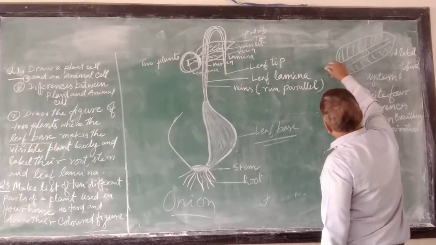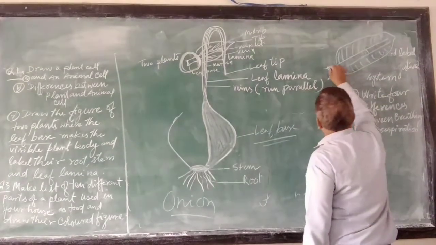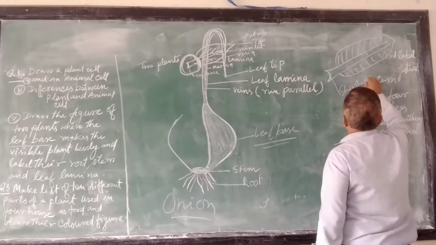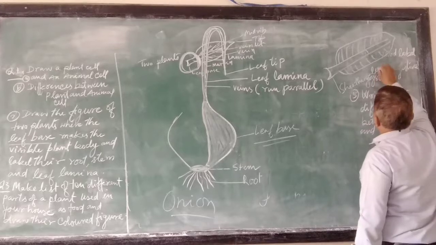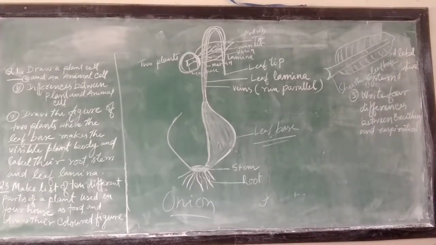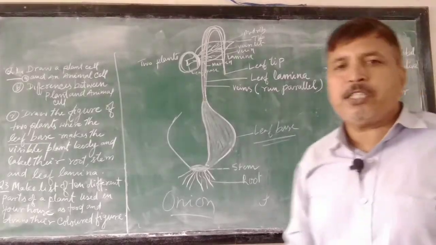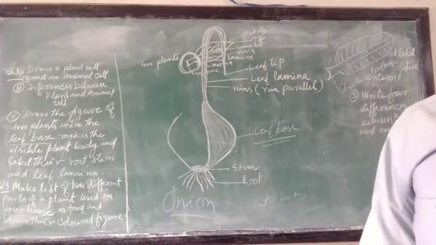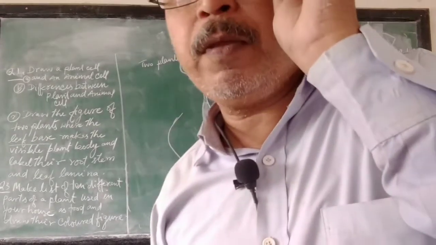So here you see this portion is a little bit curved. This is leaf base, right? Leaf base in banana. This is leaf base in banana. Clear? So leaf base in banana.